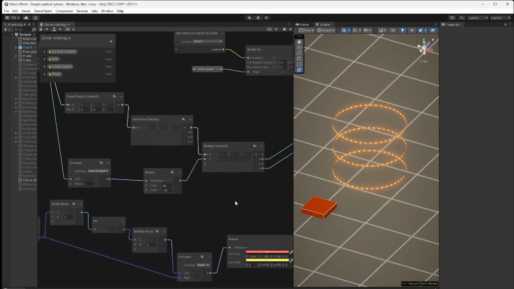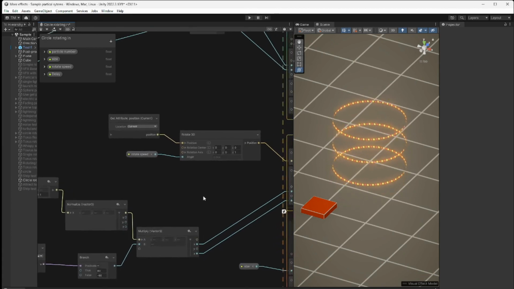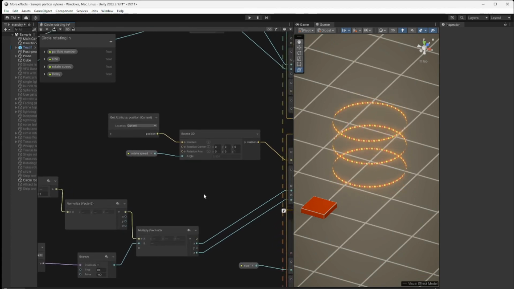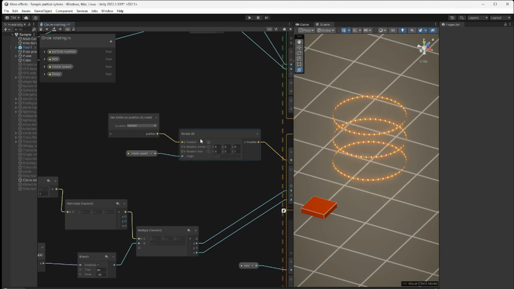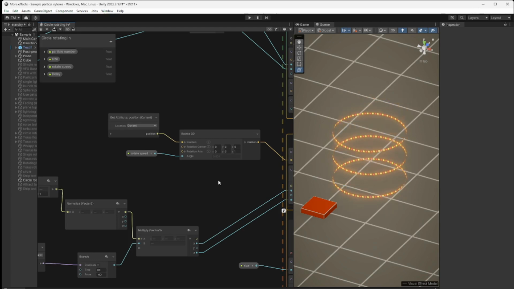The last thing I did, and since my other videos, I discovered there are a lot of different nodes that you can do. And one is this Rotate 3D. So instead of having to modify the vector by that cross product, you can actually use this Rotate 3D node. And I have this rotate speed.